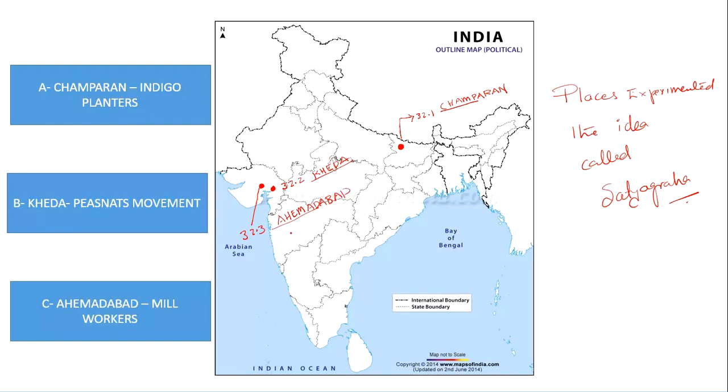So these are the three places important as far as Gandhiji's idea of Satyagraha being experimented. First, Champaran; second, Kheda; and third, Ahmedabad.